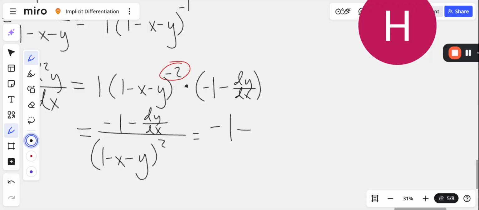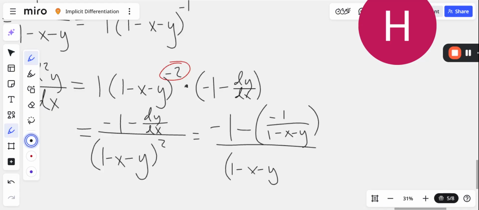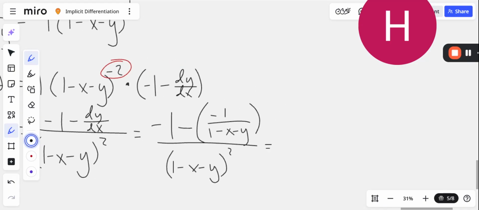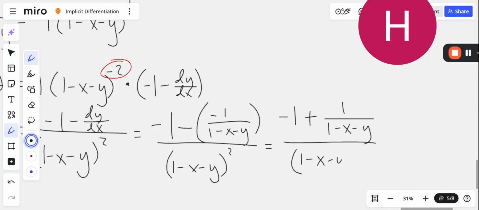So this is minus 1 minus negative 1 over 1 minus x minus y, over 1 minus x minus y squared. So if we work with that a little bit, it's going to be negative 1 plus 1 over 1 minus x minus y.